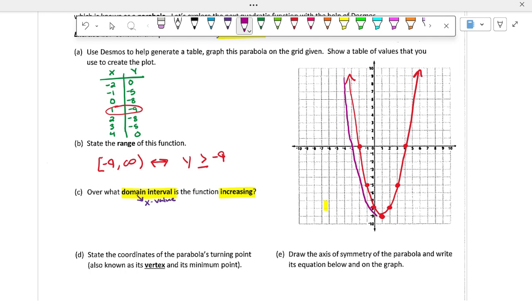I'm going down. So this is actually my interval of decrease. Now, once I hit the turning point or the vertex, remember the other name for it is turning point because it's literally where the graph turns. So once I hit the turning point, instead of going down now, I'm going where? Up.